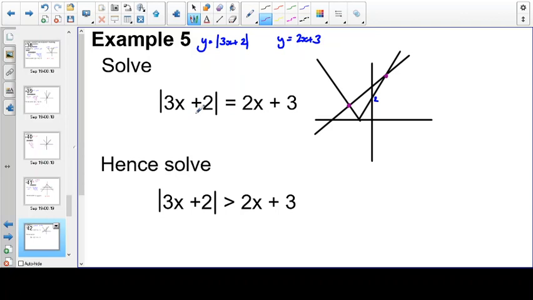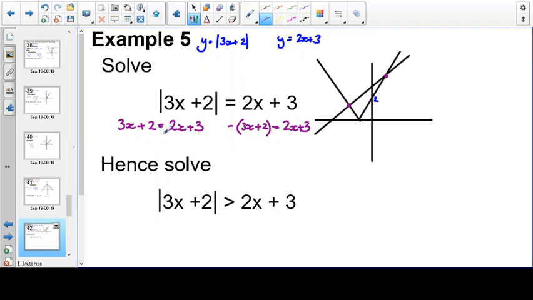So we're going to solve where this one, positive 3x plus 2 equals 2x plus 3. And for this one, we're going to solve where negative 3x plus 2 equals 2x plus 3.